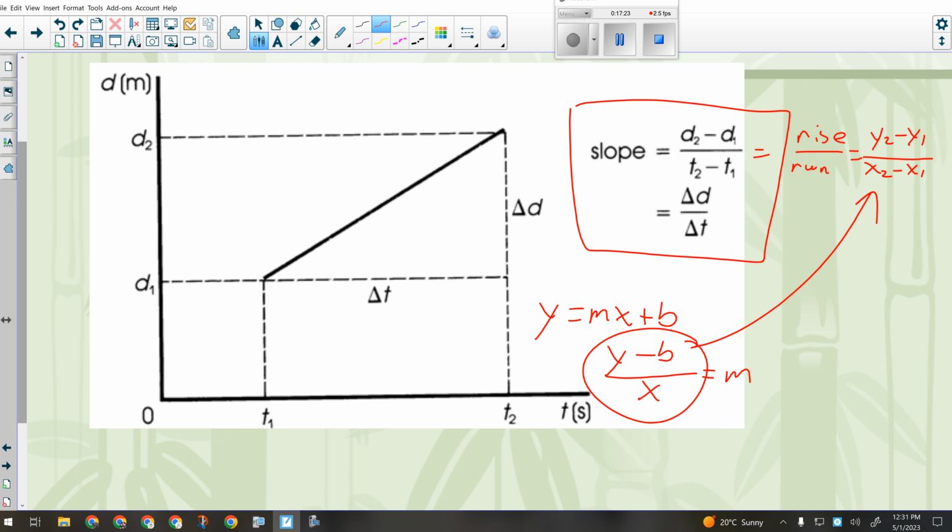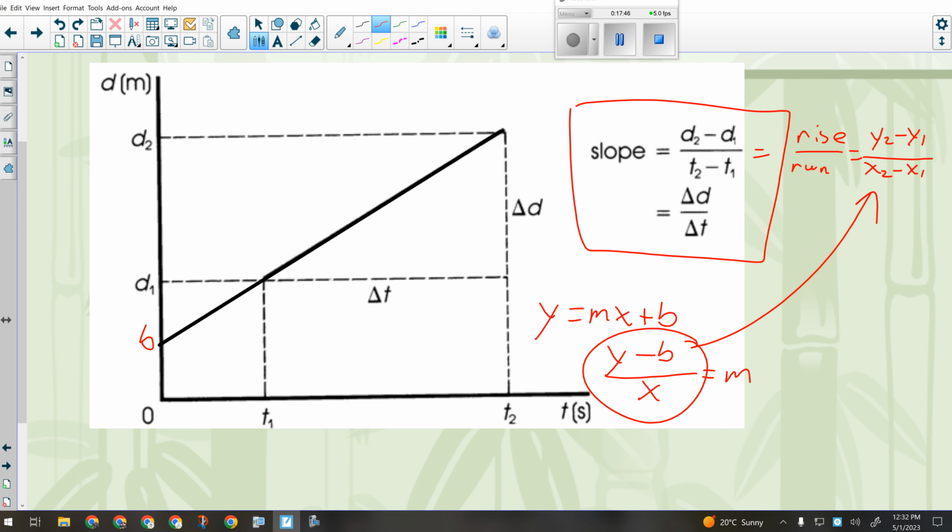Same formula? It is. If I had this line going all the way to the y-axis, this would be b, right? My y-intercept.